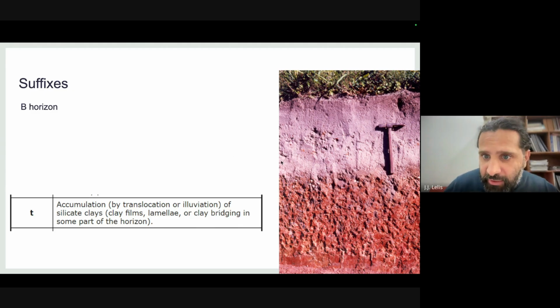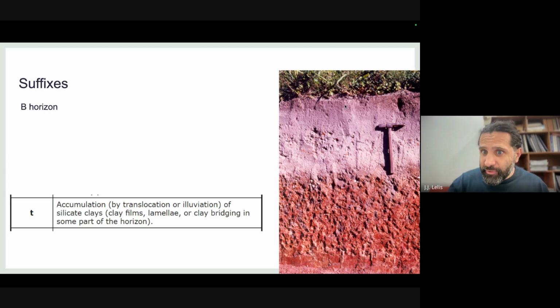As you can see here, we have an A horizon here, we have an E horizon here with a light color, and we have this darkish color, very dark, a strong red color, and this dark and red color expresses higher clay content, and this higher clay content came from the materials above.